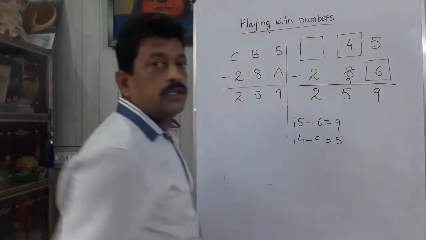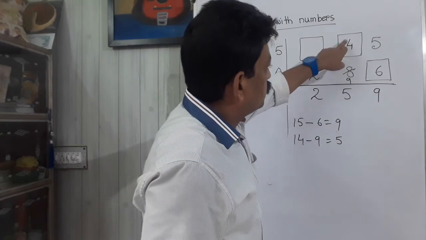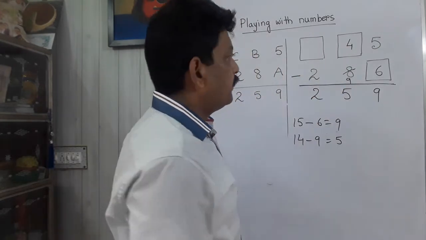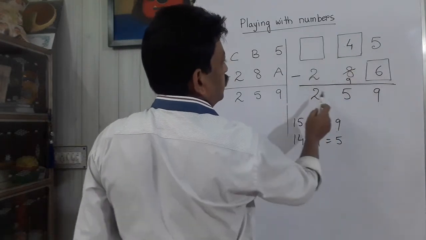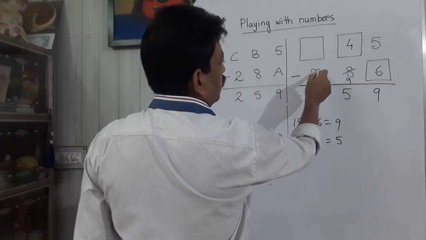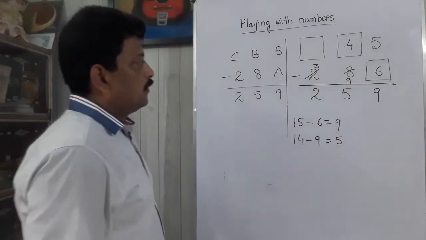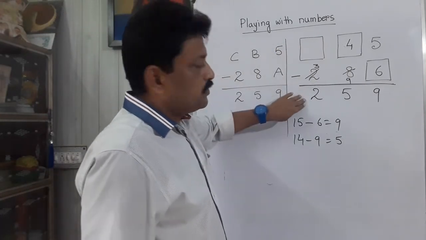We cannot write a 2 digit number, we have to write only the unit digit. So here it is 4. So 14 minus 9 is 5. Okay. Again, since we have borrowed 1 to make it 14, this will become 3. Now, which number minus 3 is equal to 2?